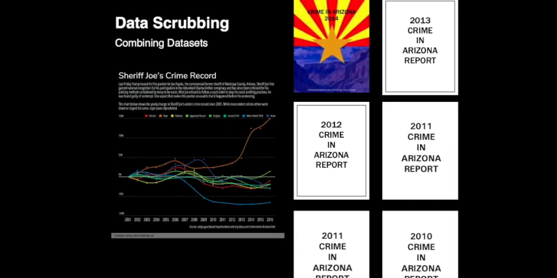So I was able to find all the data as individual PDFs through the Crime in Arizona reports, and those come out yearly, again in PDF format. So this required a lot of data cleanup and migration and formatting to get it all in the right format for me to actually use to analyze and visualize.